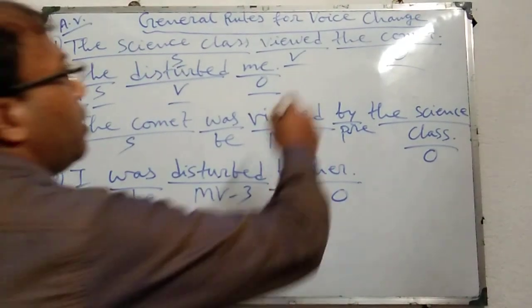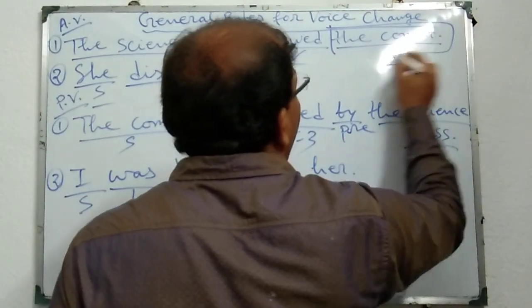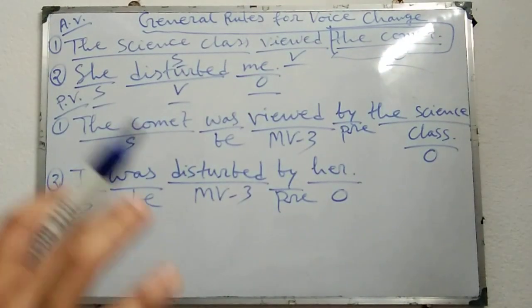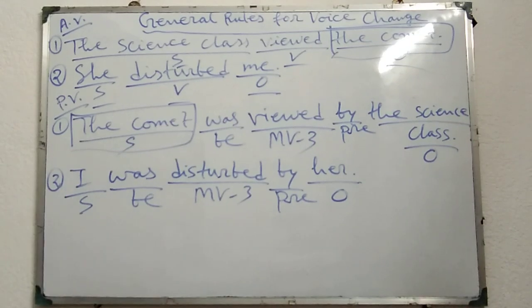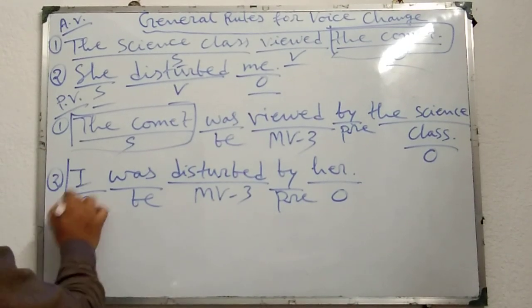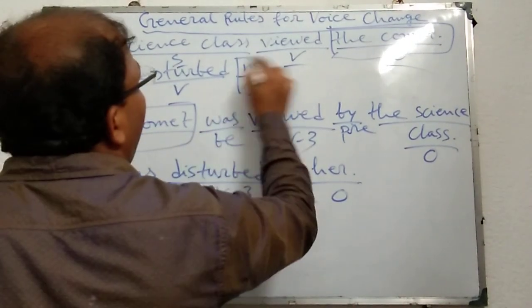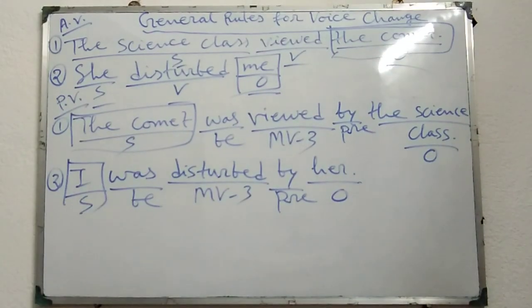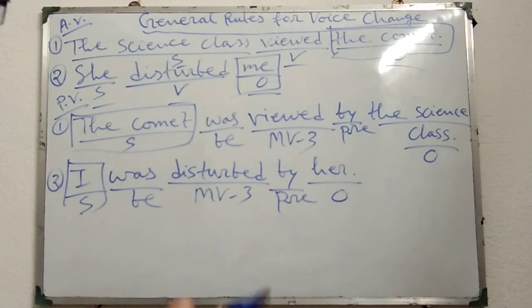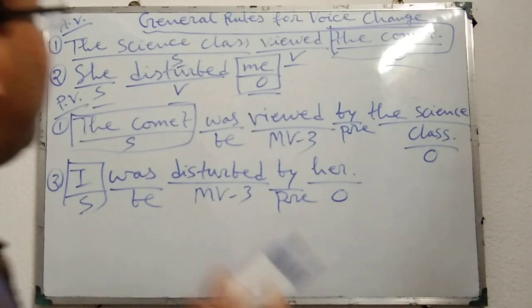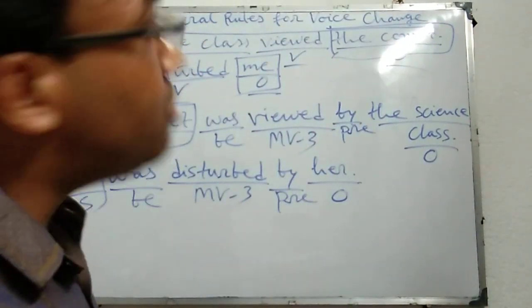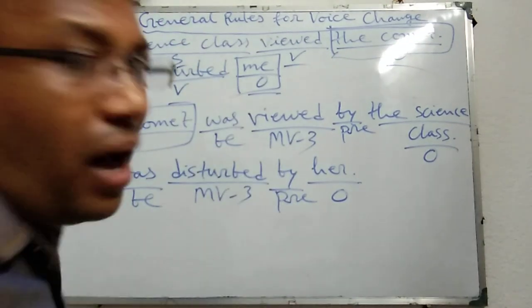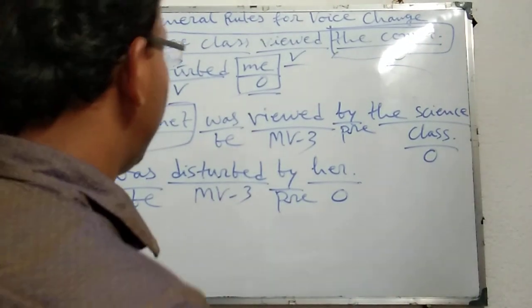First of all, the object of the active voice becomes the subject of the passive voice. Here also, the object of the active voice becomes the subject of the passive voice. Thereafter, you have to identify the tense of the verb in active voice.